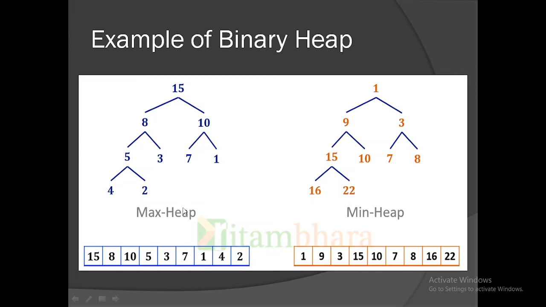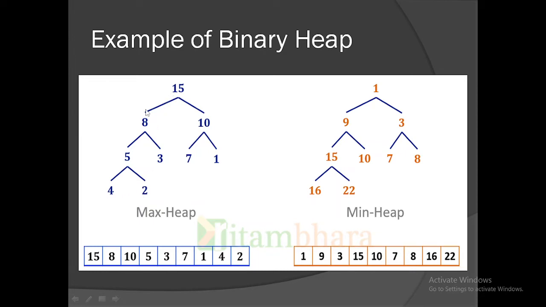Now this max heap can be represented in the form of an array. For representing it as an array, we traverse this binary heap in level order traversal. What I mean by level order traversal is like this: first 15, then 8, then 10, then 5, 3, 7, 1, 4, 2.